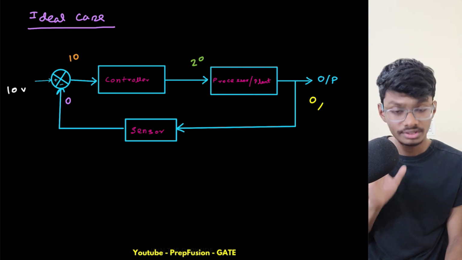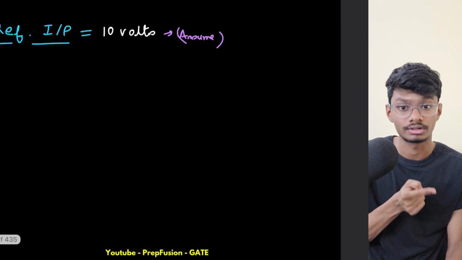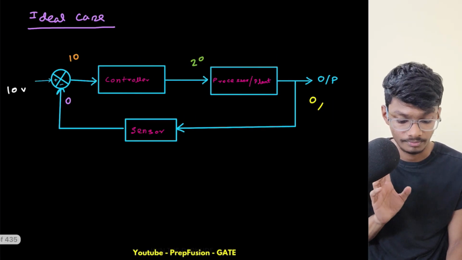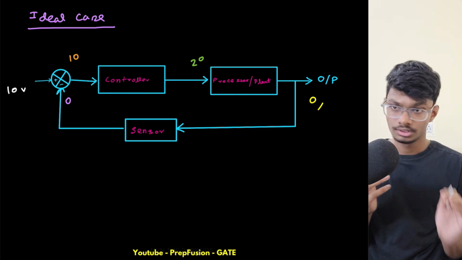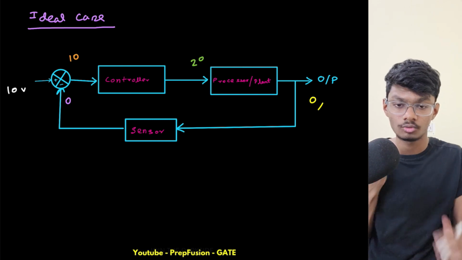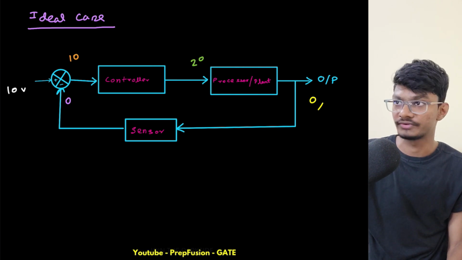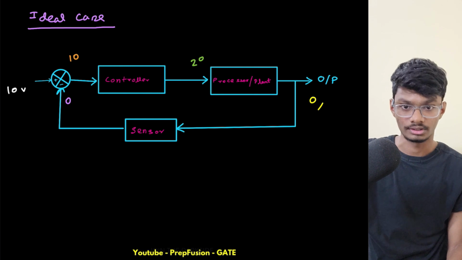Now if the input to the motor is 20 volts, my motor will obviously try to go to 2000 rpm. But will it go instantly to 2000 rpm? It can't, because the motor has some inertia and some friction. When you turn on a fan, does it go instantly to the highest speed if you set the regulator to knob 5?